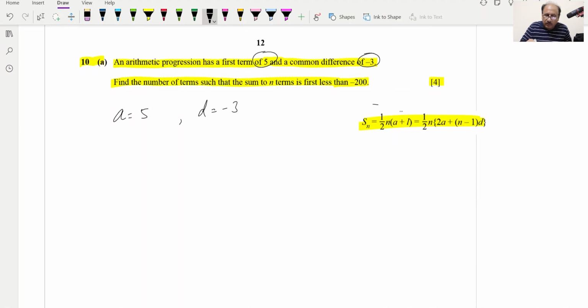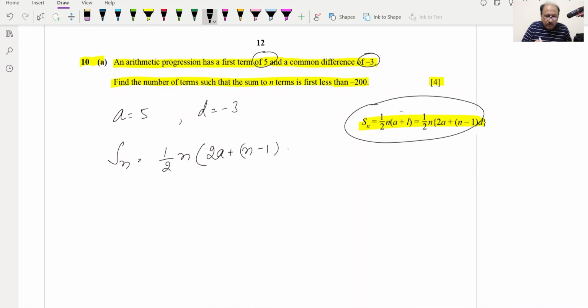In this formula we will be replacing the values, and we can write Sn is equal to 1 by 2 n into 2a plus n minus 1 into d. This will be the formula which we will be using.